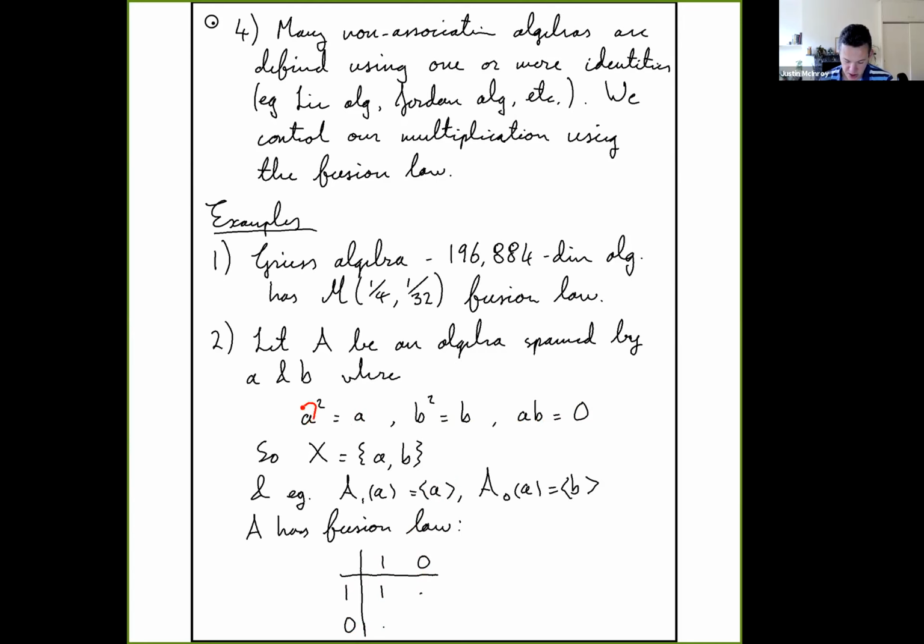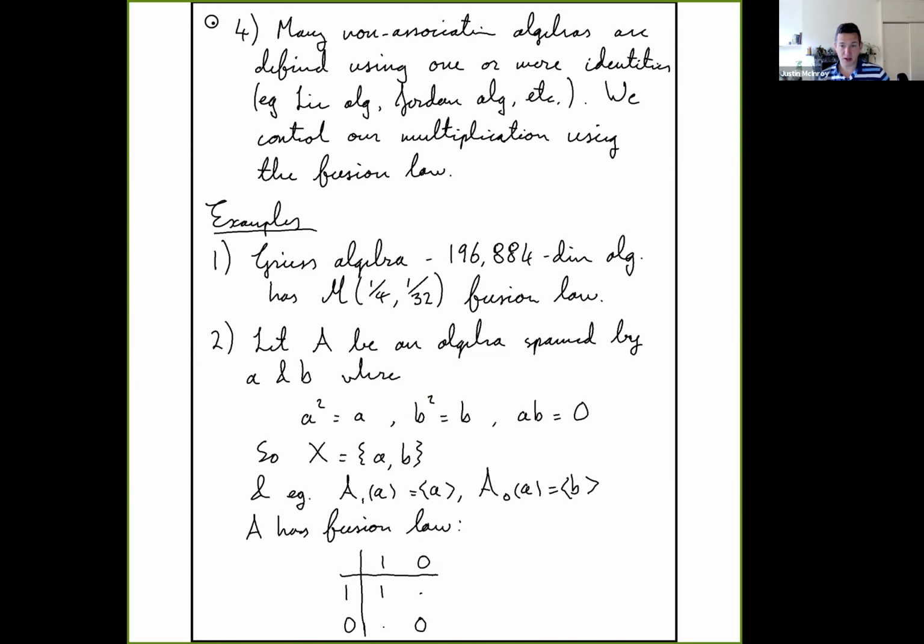So my 0 eigenspace for A is just spanned by B. And when I multiply B with itself, I get back B. So that is in the 0 eigenspace. So 0 times 0 is 0 here in the fusion law. So this is a very simple algebra. And it turns out to be an axial algebra.